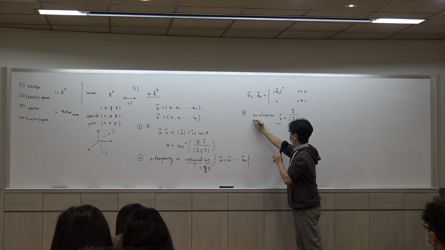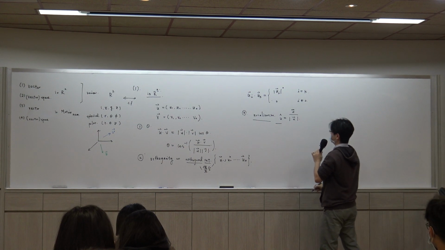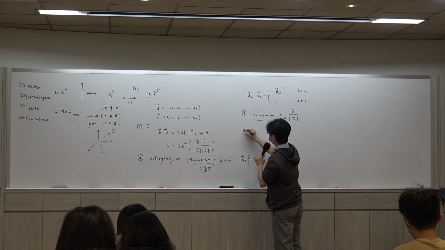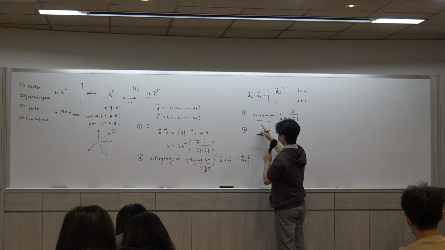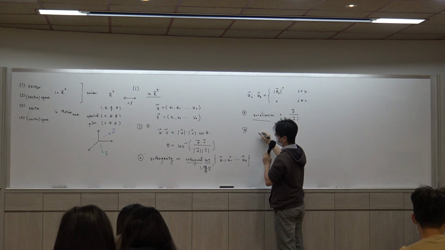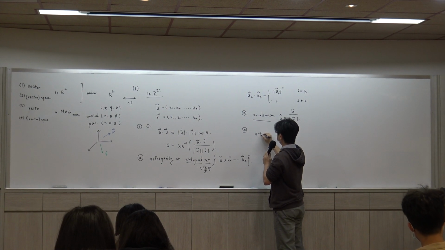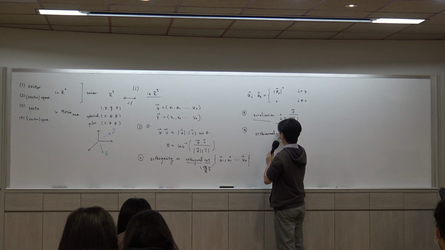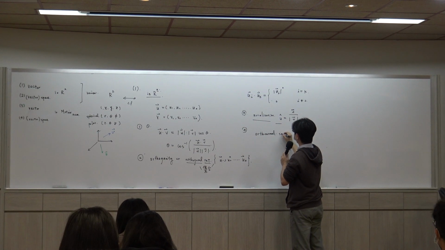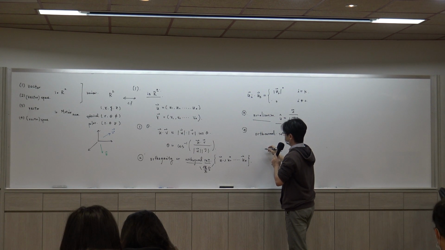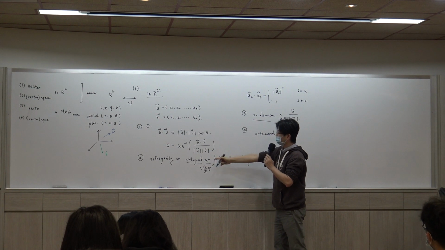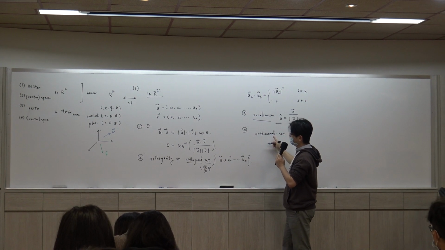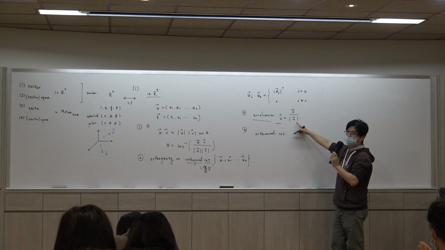So we can carry out the normalization process. So with this consideration, we can have an orthonormal set. So the difference between orthogonal and orthonormal is the scaling.